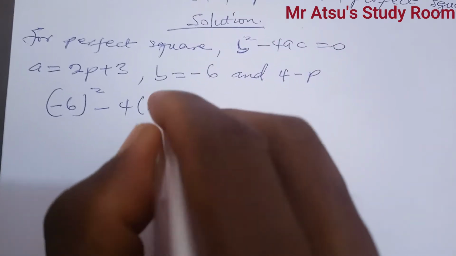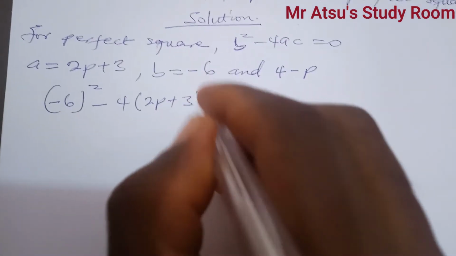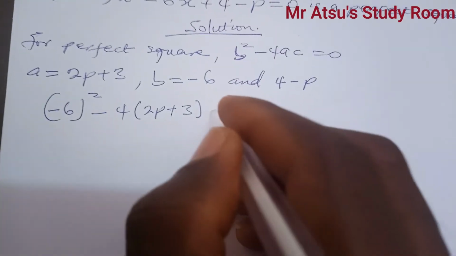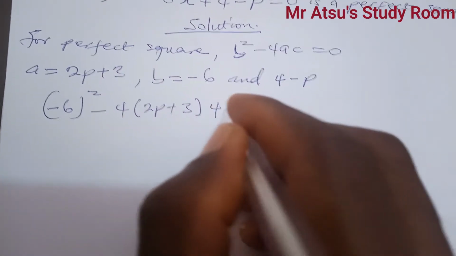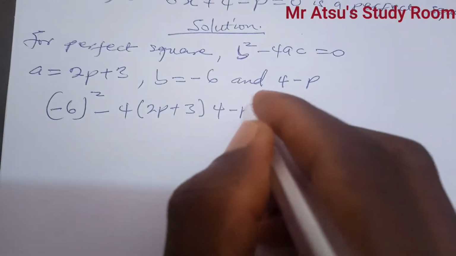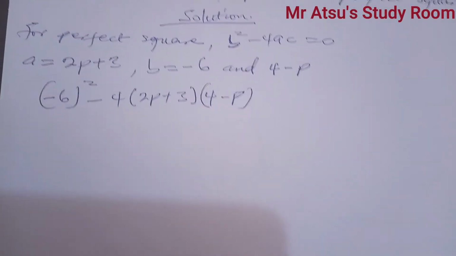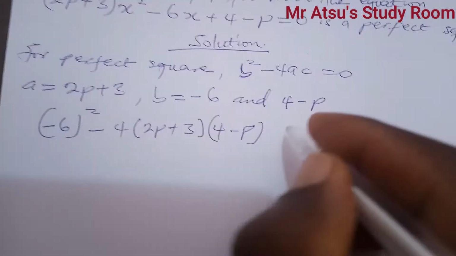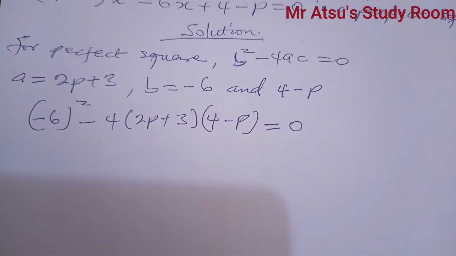Our A is 2b plus 3, then our C is 4 minus P. Anytime the terms are moving together, you have to put them in parentheses, and this is equal to 0 if the equation is a perfect square.